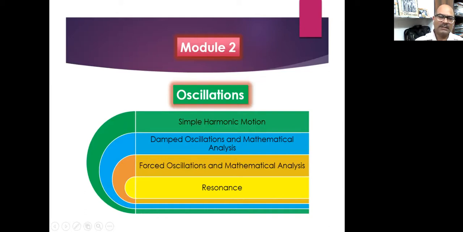So one by one, all these parts we will try to learn. But first we will start with the entire introduction with examples, numericals, and how we can use simple harmonic motion in day-to-day life, and how it can be analyzed in a proper manner. So that we will learn.